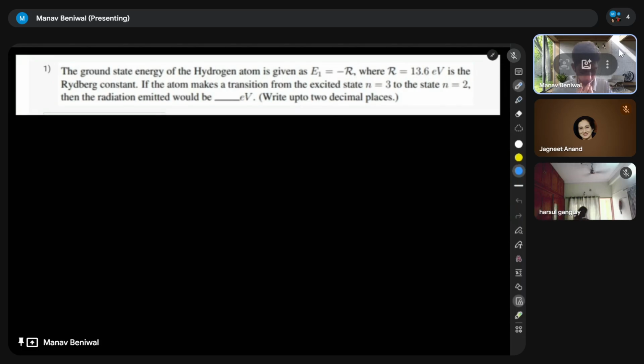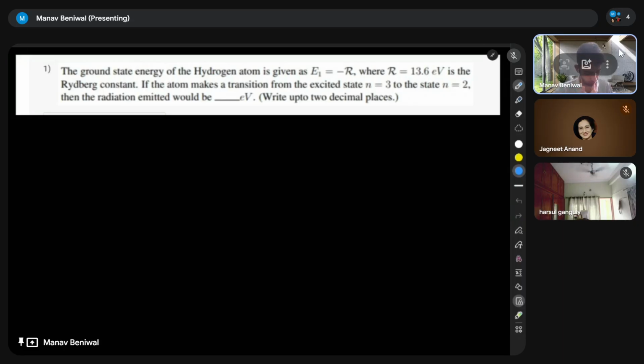So what are we given? We are given that the ground state energy of the hydrogen atom E1 is minus R, where R is the Rydberg constant, 13.6 eV. If the atom makes a transition from the excited state n equals 3 to the state n equals 2, then the radiation emitted would be this much eV.